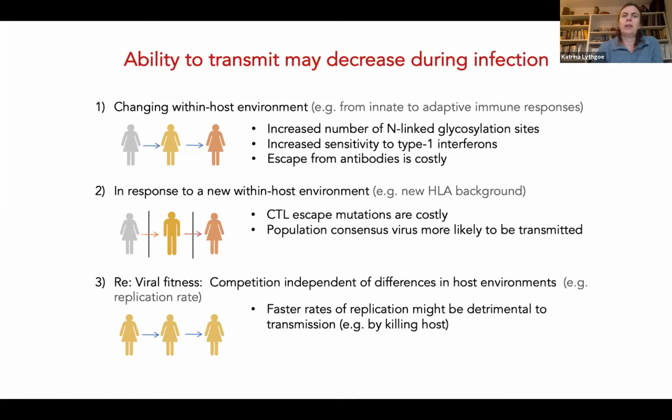We also know that if you evolve resistance, for example, CTL escape mutations, those tend to be costly, so they're going to make it harder to transmit to other individuals where those CTL escape mutations are no longer beneficial. And as I said in the previous slide, we know that population consensus virus, the virus that's most similar to the virus circulating in the general population, is more likely to be transmitted. And then here, faster viral fitness, and I'll talk about that in a little bit.